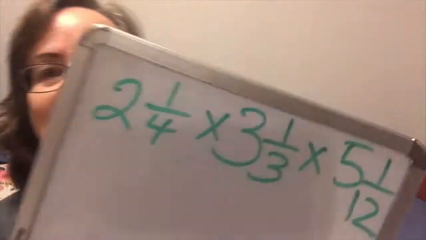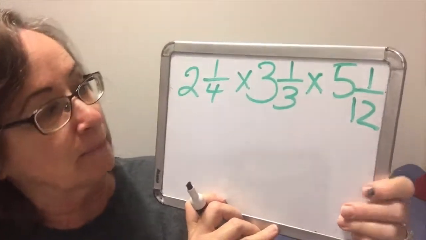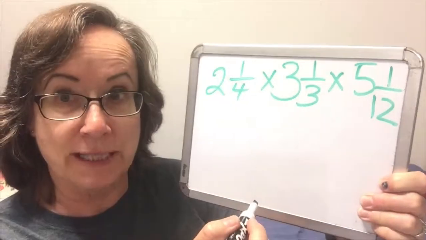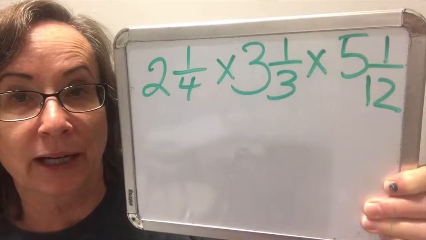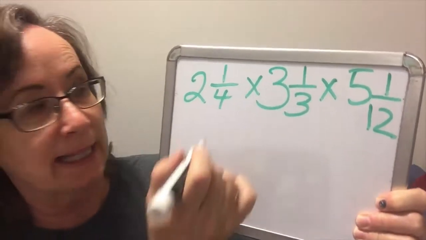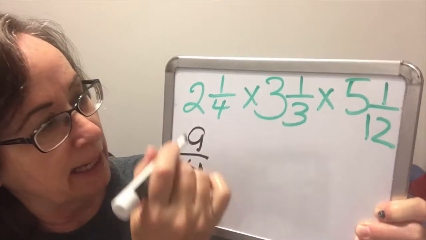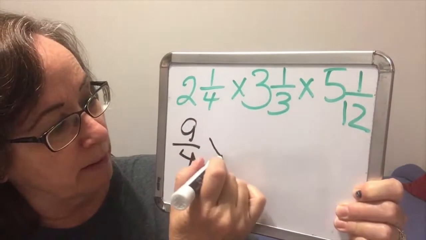In example 2, we have 3 mixed numbers that we're going to multiply together. So the first step is to turn each mixed number into an improper fraction. 2 times 4 is 8 plus 1 is 9. 9 fourths is the same as 2 and 1/4.